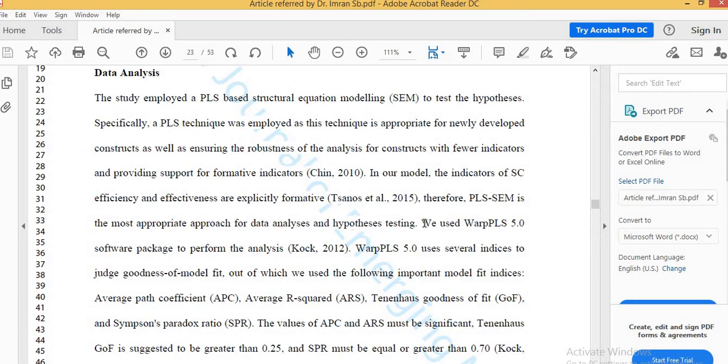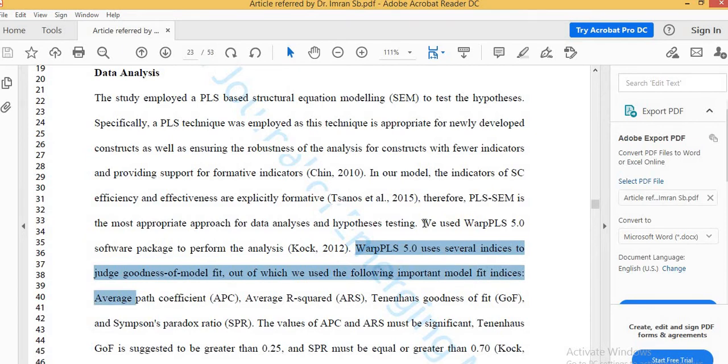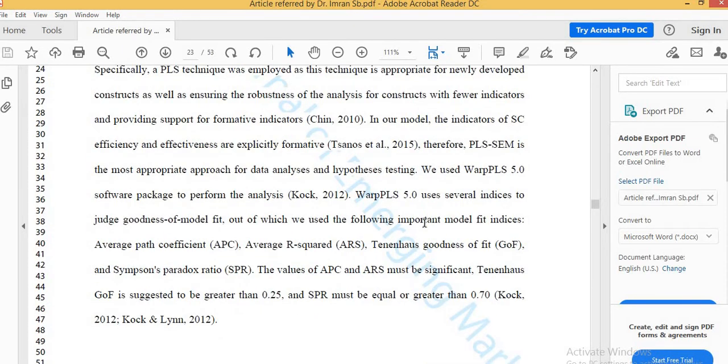Then they have given an example of how it is used for model fitness, and what model fitness indices are required to show in the paper: average path coefficient, average R squared, GOF and SPR. The values of APC and ARS must have significant p-values.